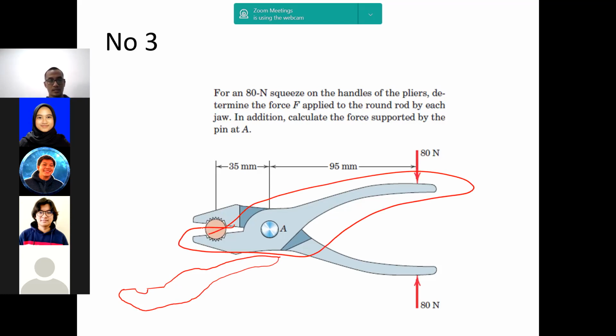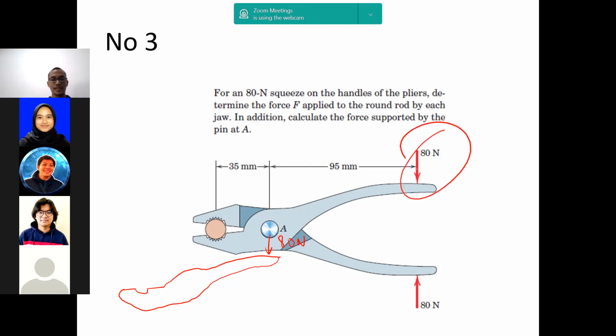The force there is supposed to be 80 Newton going down here, because of this, right? And beside that, at A there will be a pin, so at A there will be AX and AY. And there is a normal force due to the rod like that.